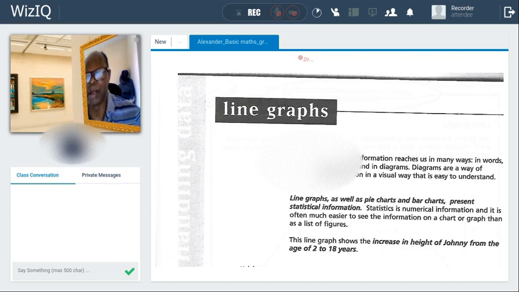In terms of graphs, there are going to be different types of graphs. We are going to have pie charts, histograms, bar charts. But this one here is going to be called a line graph. Now, in your book, it's going to be called linear graphs, because when we learn mathematically, it's called a linear graph. What it means is the graph of a straight line.